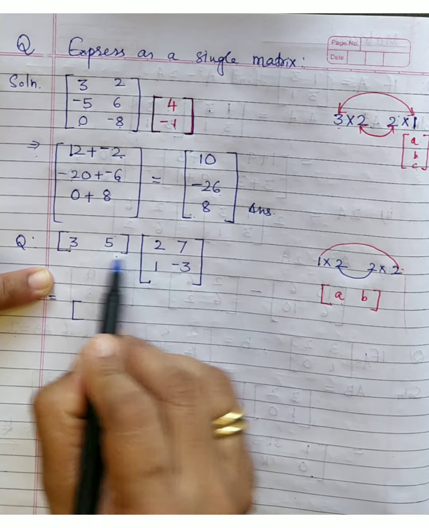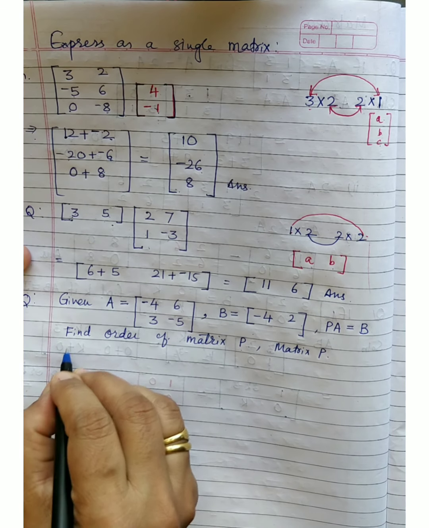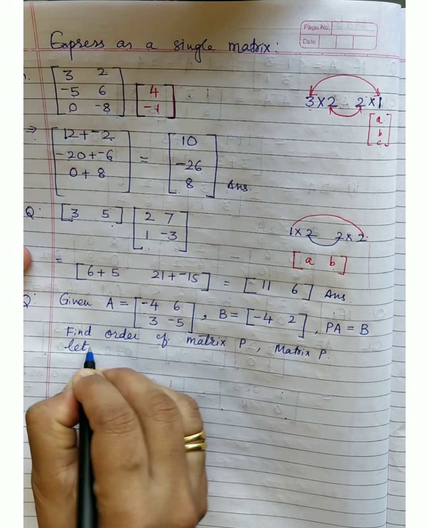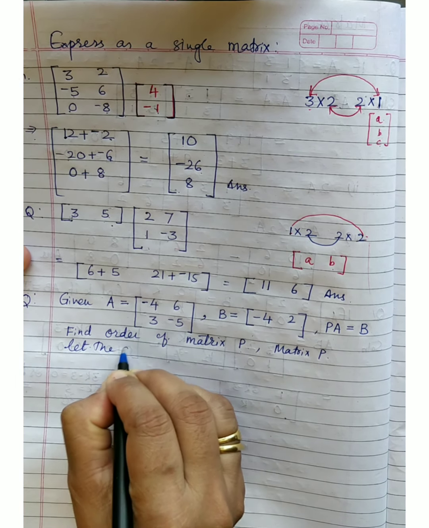Say another question. Matrix A is given, matrix B is given, and you are also given that P into matrix A is equal to B. You need to find the order of matrix P and what matrix P is here. Okay. First we'll assume, let the order of P be M cross N, suppose.